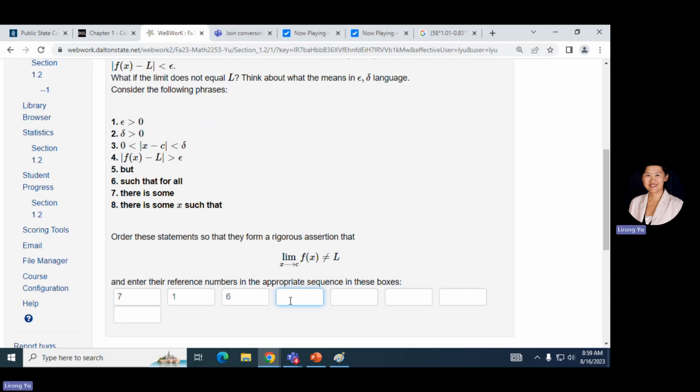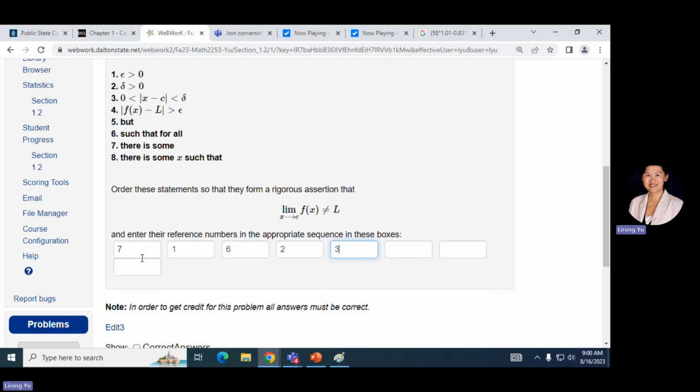1, 2, and then 3: for all the delta that satisfy |x minus c| less than delta. I know the last one is the limit, this one, 6. And that should say 3. There's 8. I rearrange 1, 2, 3, but 1, 2, 3 is already over there.